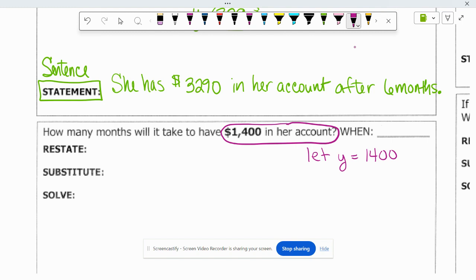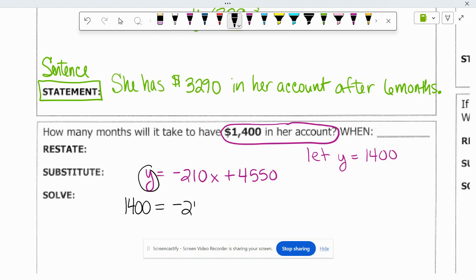So I'm going to take my original equation, y equals negative 210x plus 4,550, and I'm going to replace my y with a 1,400. And I'm going to solve for x because how many months? That's x. How many months means tell me what x is.